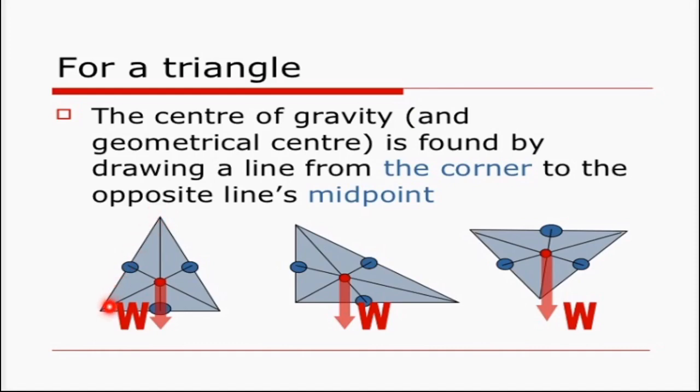For the triangle, we draw a line from every corner, from this corner and from this corner, to the opposite side's midpoint. This line is also called a median. So for a triangle, it is the intersection point of the medians.